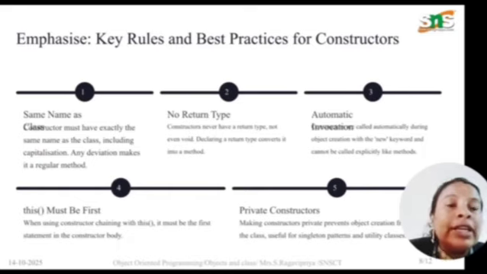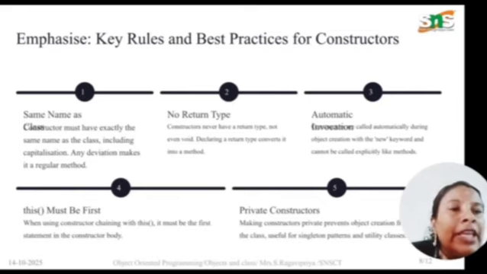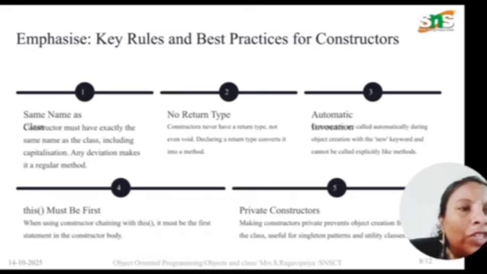No return type. A constructor never has a return type, whereas in all other Java methods we will have some kind of return type. Not even void. Declaring a return type converts it into a method. Automatic invocation: a constructor is called automatically during object creation with the new keyword and cannot be called explicitly like methods.